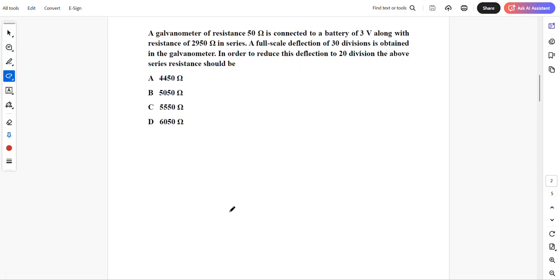What is this problem? This is saying a galvanometer of resistance 50 ohm.